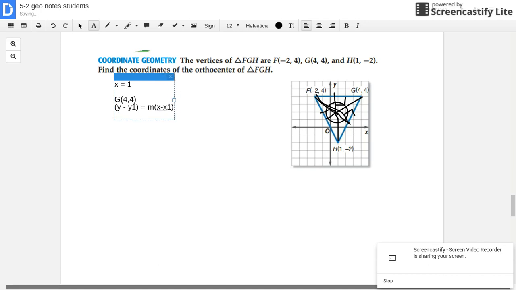So we need a point and we need a slope. The only problem is currently we don't have slope. To find slope, we need 2 points on the line. So another point on the line would be, if you look, let me stop this.